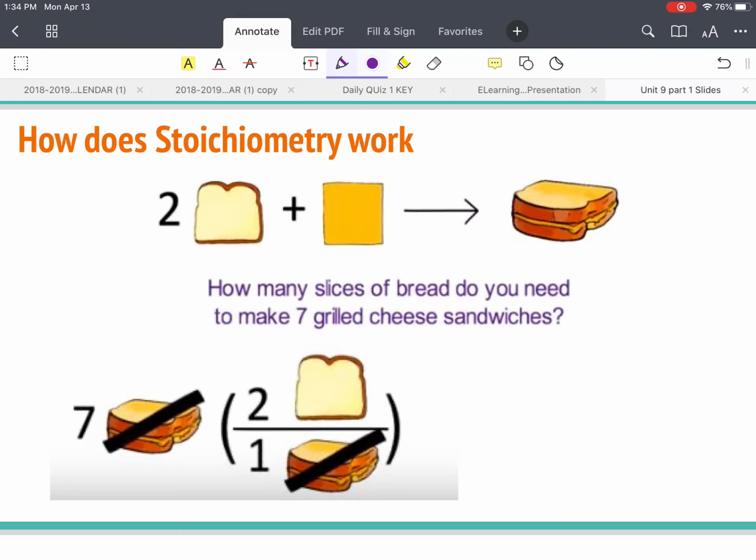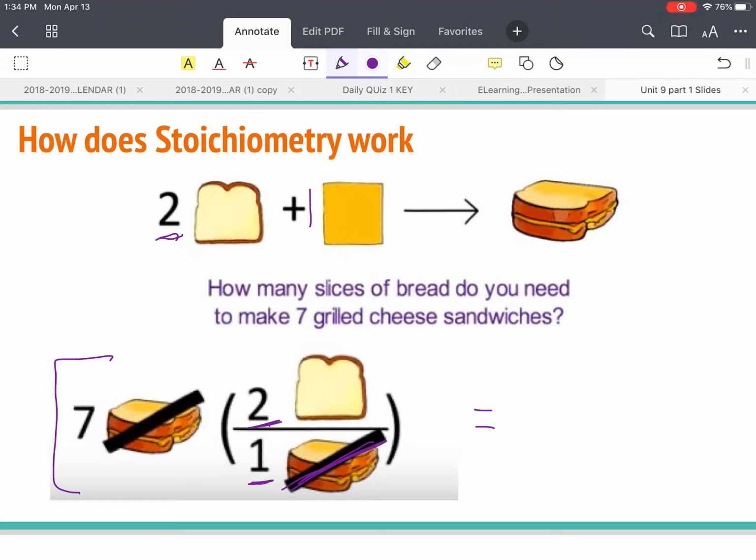So this is a very basic example of how it works. I know that if I'm going to make a grilled cheese, I need 2 pieces of bread, and I just need 1 piece of cheese. So if I look at my little example down here, if I want to make 7 grilled cheeses, and I want to know how many slices of bread I need, well, I know that for every 1 grilled cheese, I need 2 slices of bread.